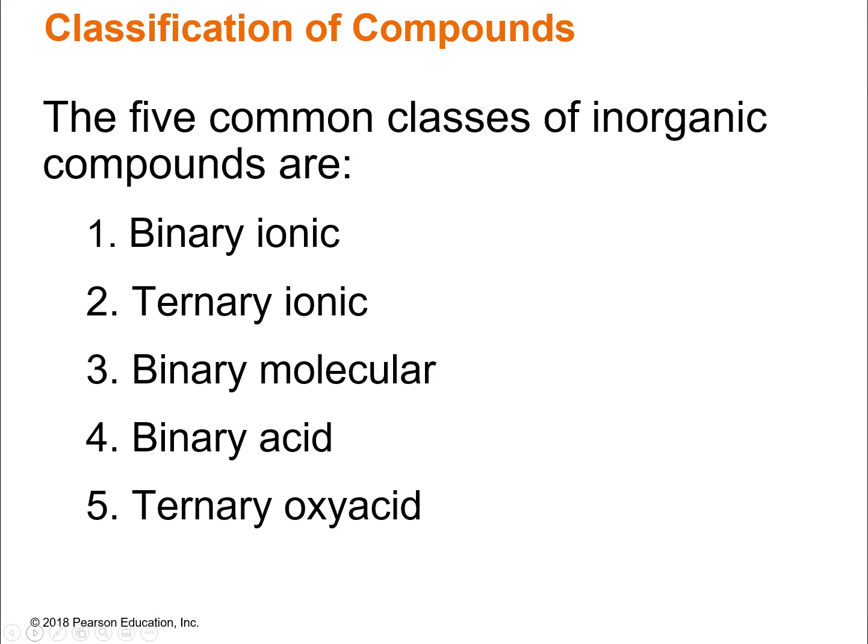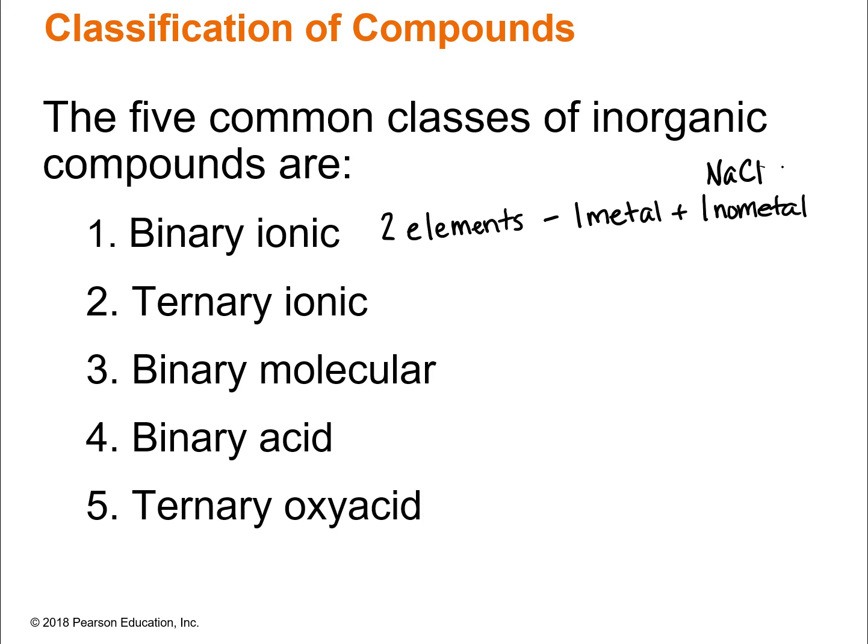So for binary ionic compounds, they're always going to have two elements, one metal, one nonmetal. An example of a binary ionic compound is table salt, NaCl.